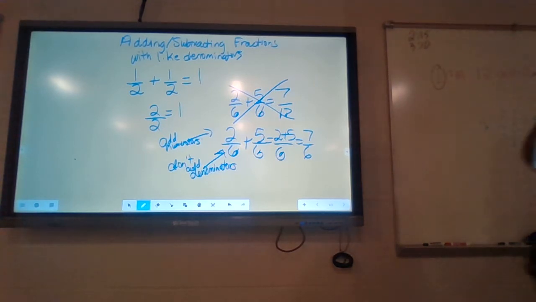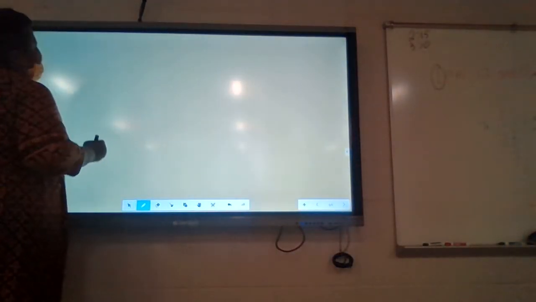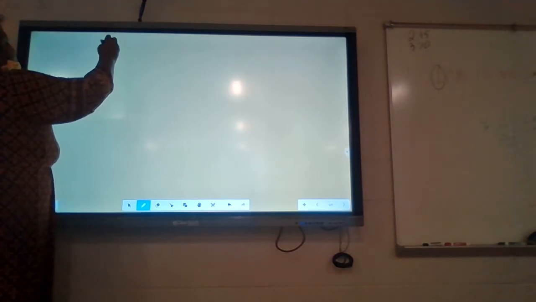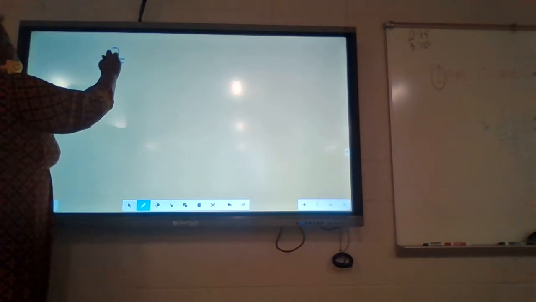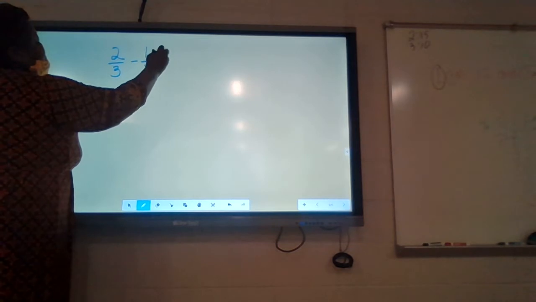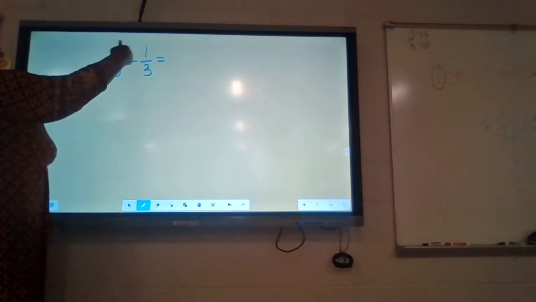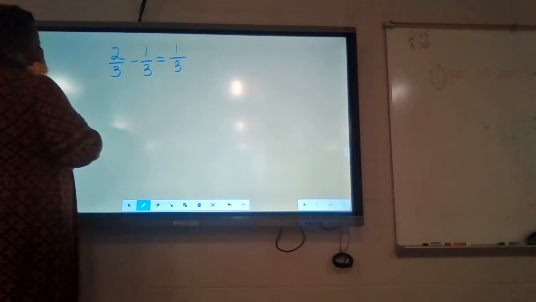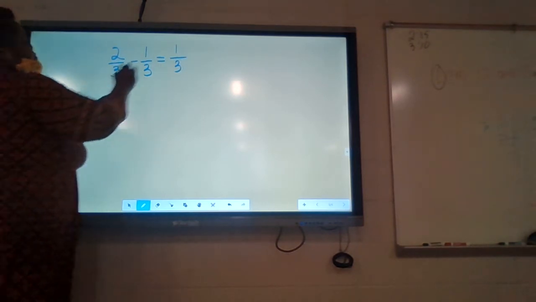Same thing for subtraction. So if I have 2/3 minus 1/3, I'm going to subtract the numerators. 2 minus 1 is 1. And my denominator is 3.